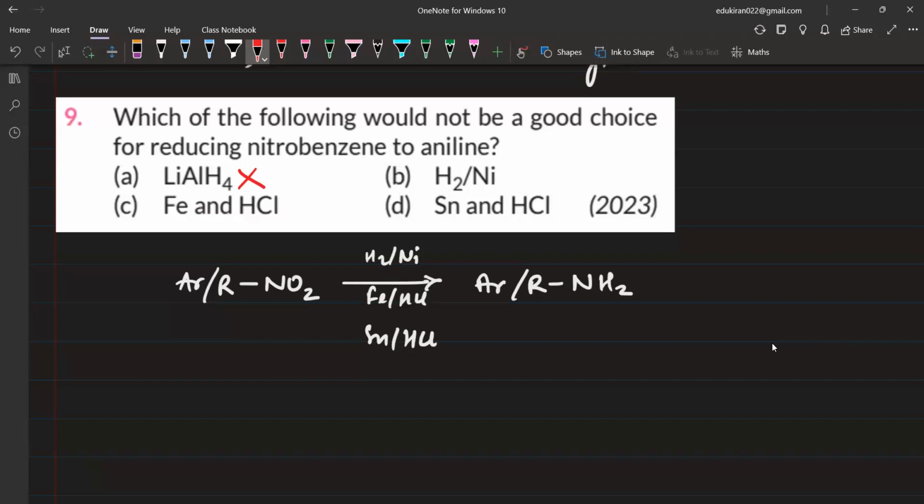Now, why is it not used? The reason is that if you are going to use lithium aluminium hydride, then it is going to give you an azo compound. So here they are saying you have nitrobenzene. The nitrobenzene will be like this.